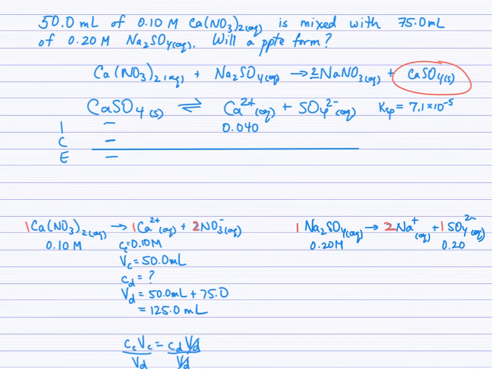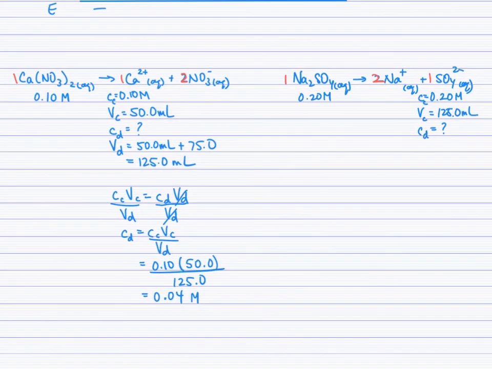Notice it's a 1-to-1 ratio. So that's the concentration before mixing when it's concentrated. I'm looking for the concentration of the solution after mixing, and the new volume is going to be the sum of the two.